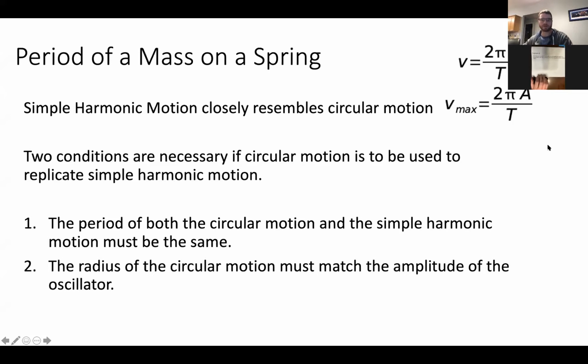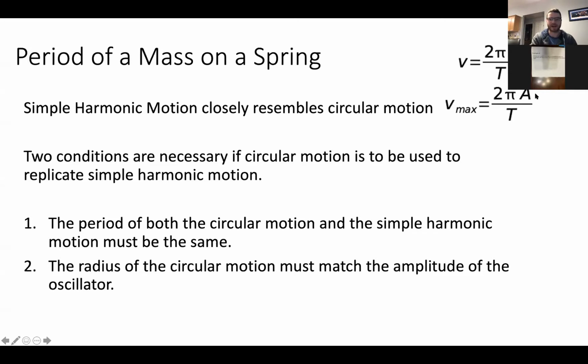Two conditions are necessary if circular motion is used to replicate simple harmonic motion. First, if the period of the circular motion and the simple harmonic motion is the same, then we can replicate circular motion as simple harmonic motion. Secondly, the radius of the circular motion must match the amplitude of the oscillator.